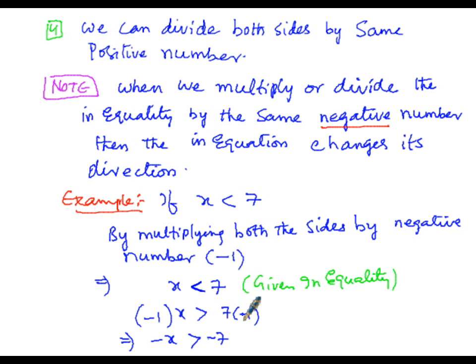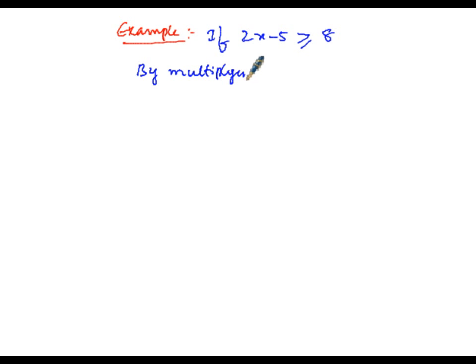Similarly, let us perform one more example, that is example number 2. In another example, if 2x minus 5 is greater than or equal to 8, then if it is multiplied by minus 3, so by multiplying the inequality by minus 3, then the condition will change.